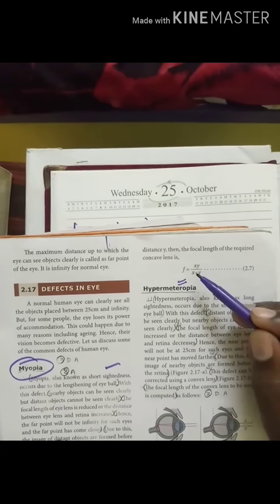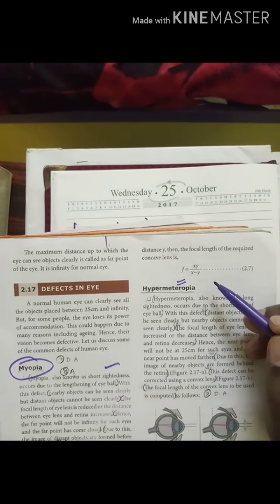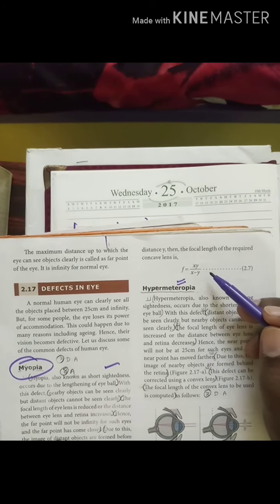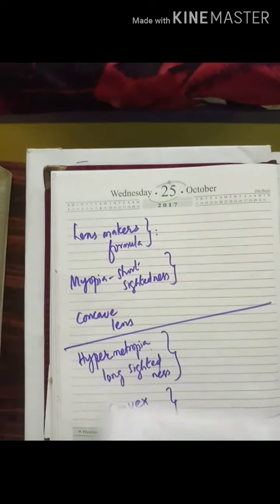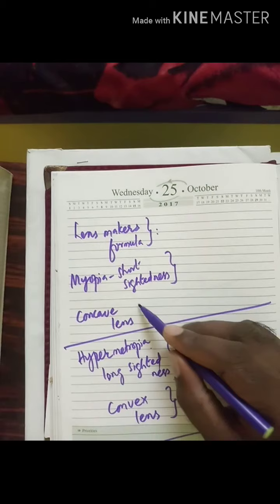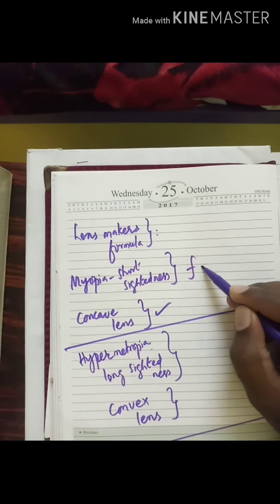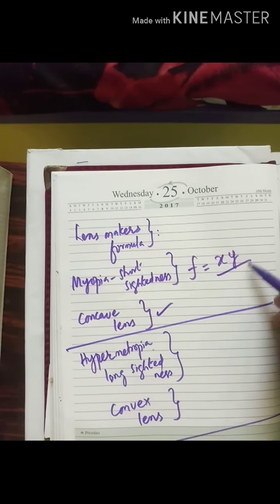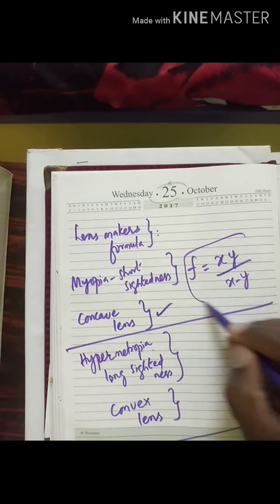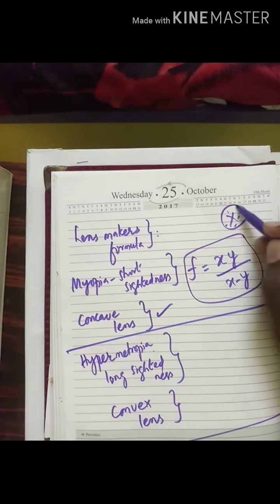That's why lens makers use the formula f is equal to x y divided by x minus y for concave lens. That is, for a myopia patient they use a concave lens and the focal length is calculated by x into y divided by x minus y. This has to be noted here.